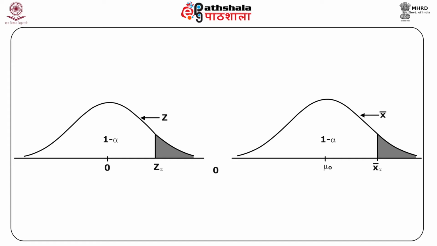The decision rule says that if the calculated value of the test statistic ZC is greater than or equal to Z alpha, then reject the null hypothesis H0. If ZC is less than Z alpha, then do not reject the null hypothesis H0. The rejection region therefore is of Z, where ZC is greater than or equal to Z alpha.